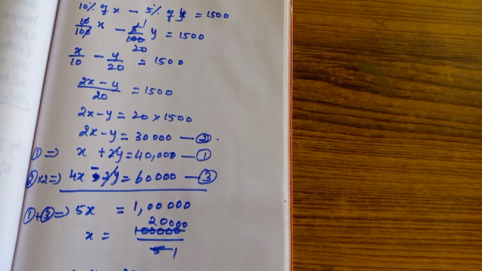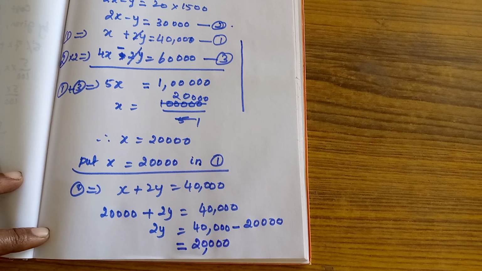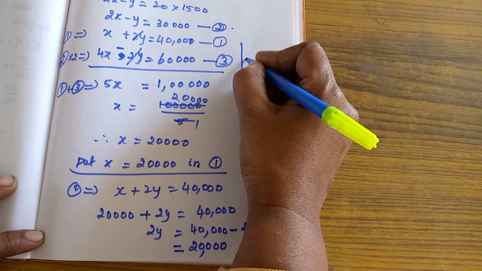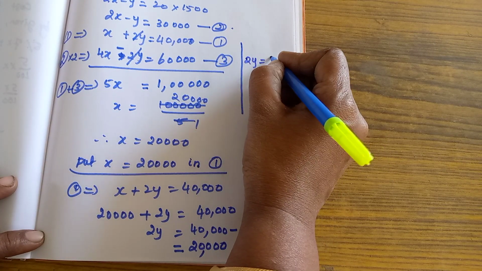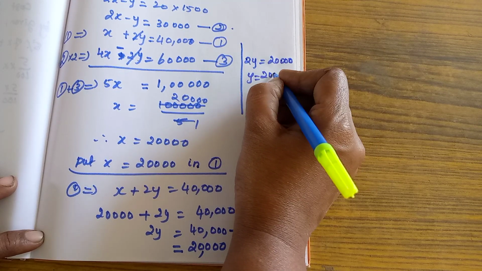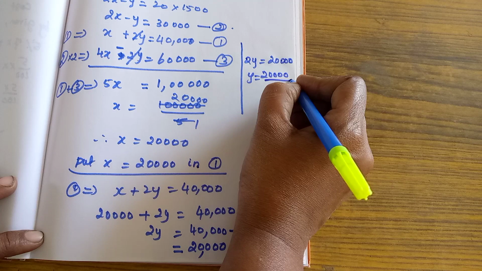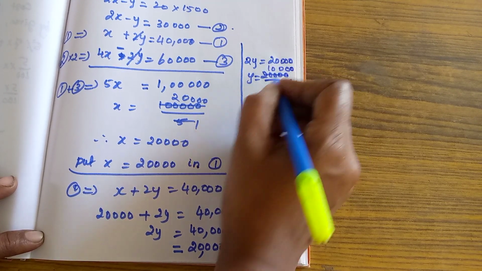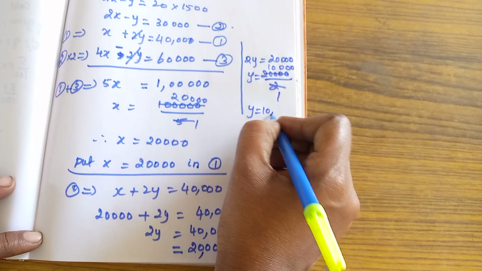From here 2y equal to 40,000 minus 20,000, which is 20,000. So 2y equal to 20,000, and y is equal to 20,000 divided by 2. Y is equal to 10,000.